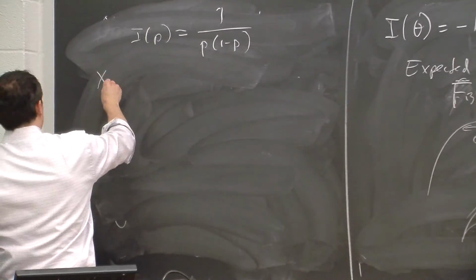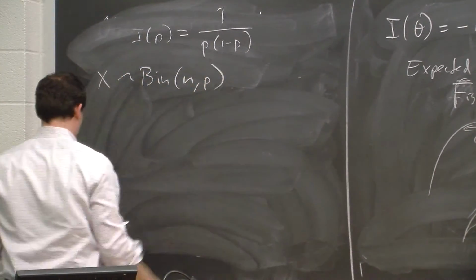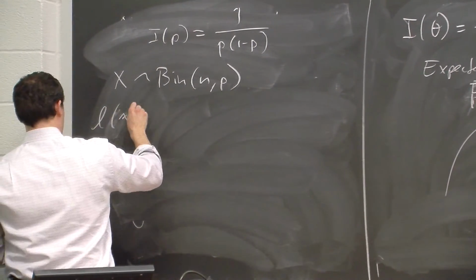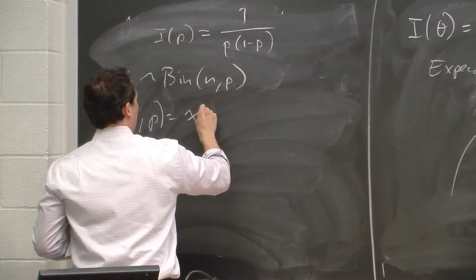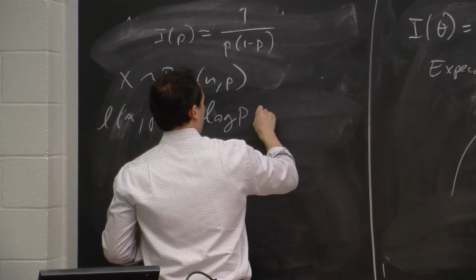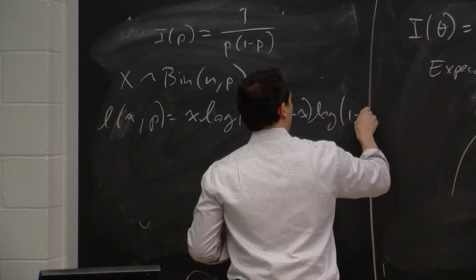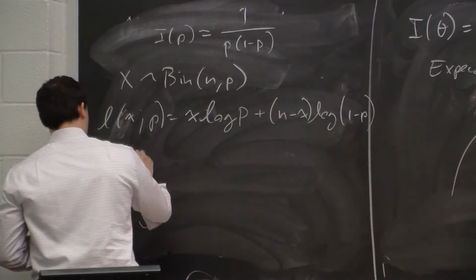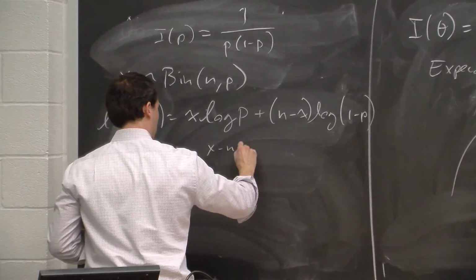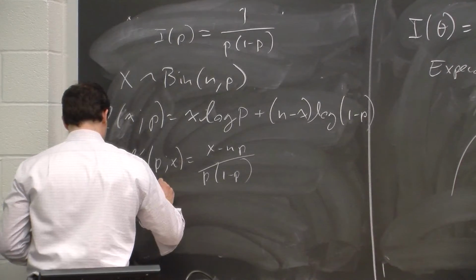If we have, of course, one observation, that is kind of a bad way to decide what the probability is. So if we look at the binomial version, the log likelihood has this x added to it, which is now a number between 0 and n. And we have a first derivative and a second derivative.